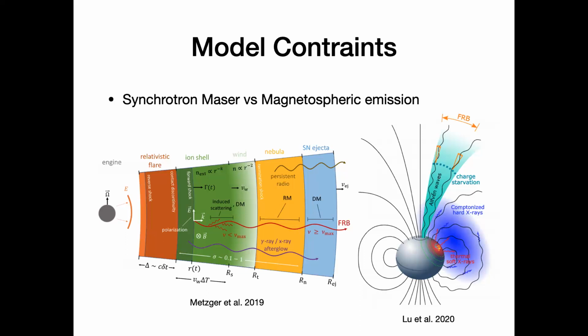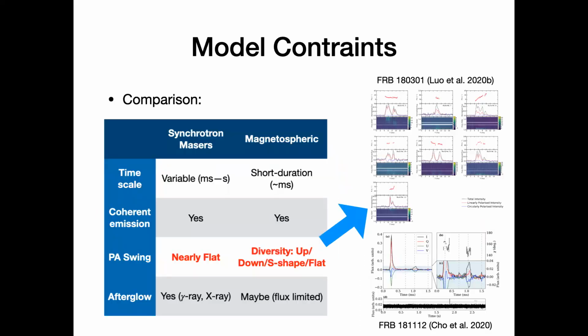GRB people do like that, but as we mentioned here, when we compare not only the PA swing but also the afterglow, in such a scenario we can expect afterglow measurements, maybe from gamma ray or X-ray.